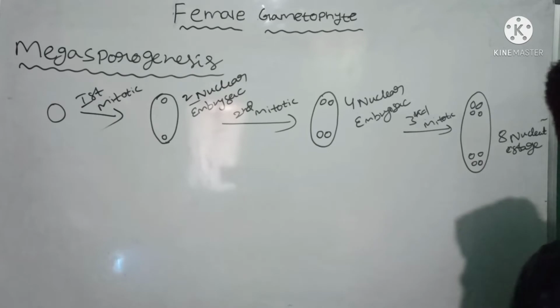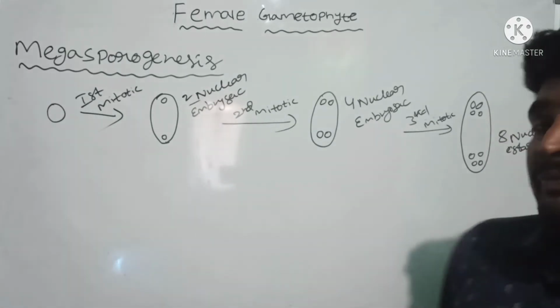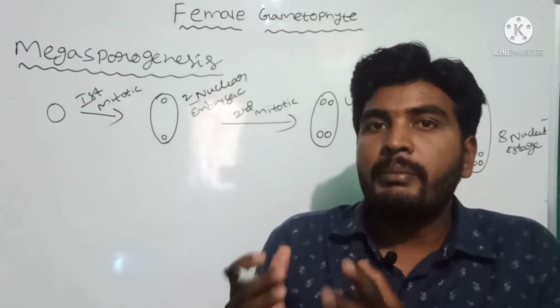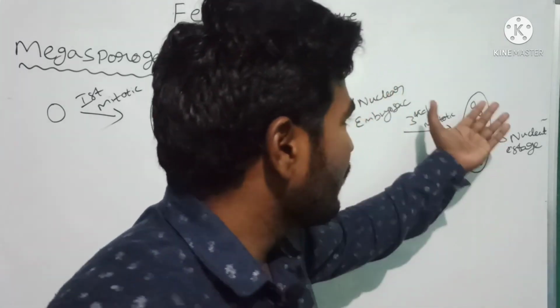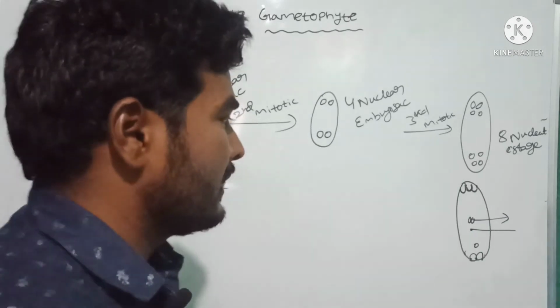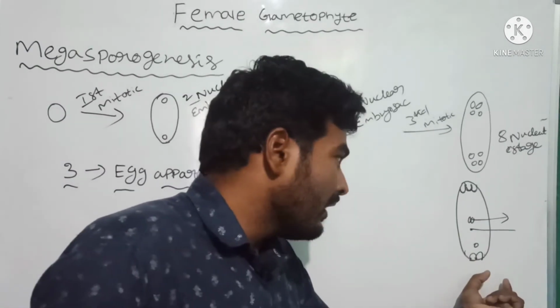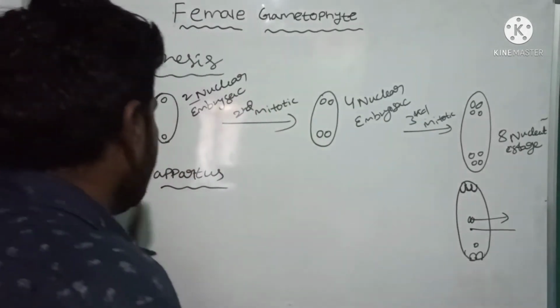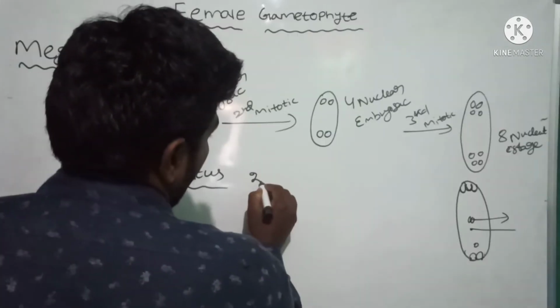In this eight-nuclear stage, how are the nuclei arranged in the female gametophyte? Three nuclei move to the micropylar end to form the egg apparatus.